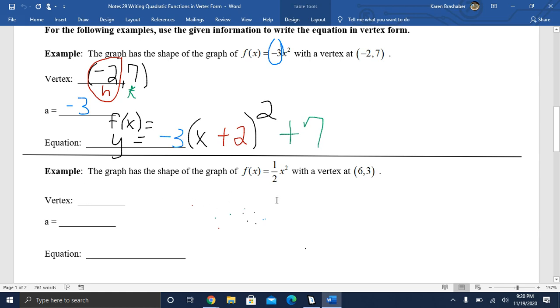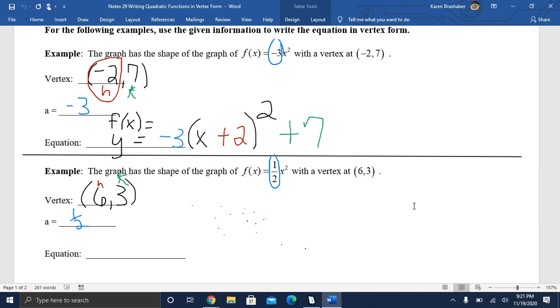All right, so I wanted to show you another one. So you're given information. You have a vertex of 6, 3. And then remember that the 6 is the h and the 3 is the k. And then your a is given right here. a is 1/2.